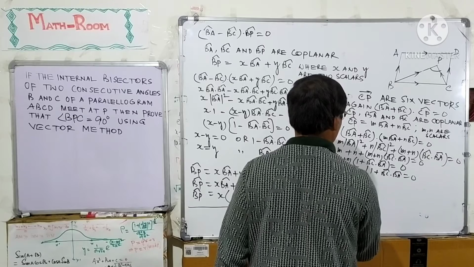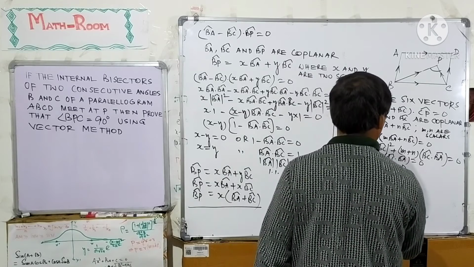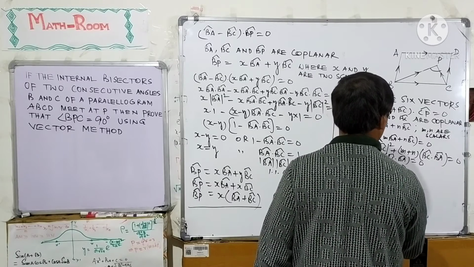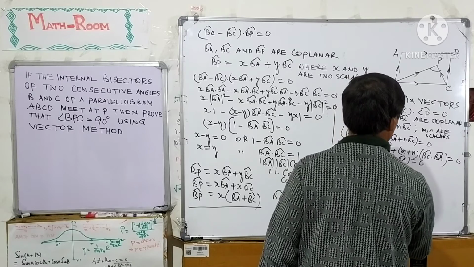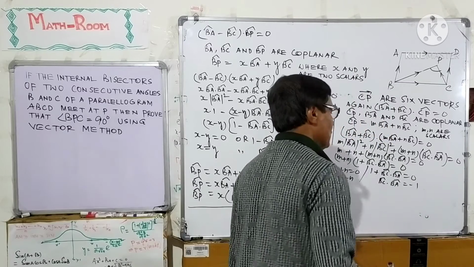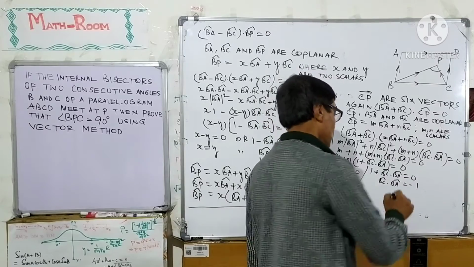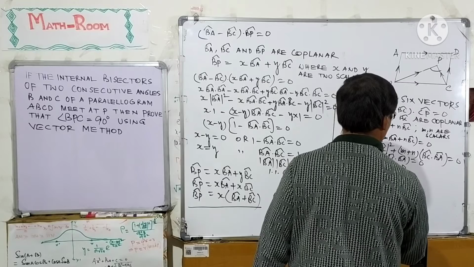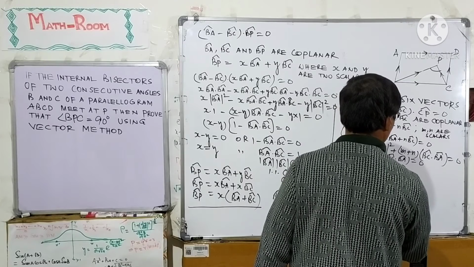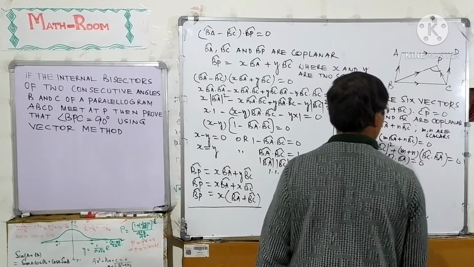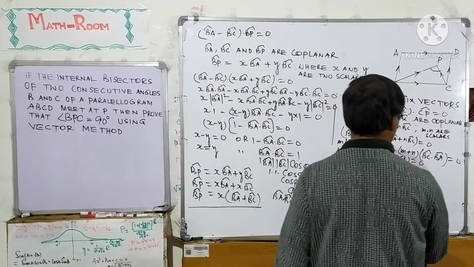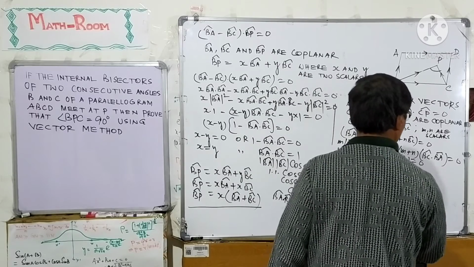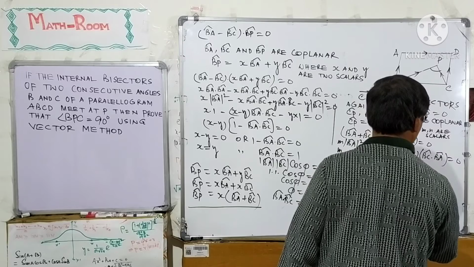Now, M equal to minus N, or BC cap dot BA cap equal to minus 1. So, magnitude BC cap, magnitude BA cap, cos of the angle between them, assumed as psi, equal to minus 1.